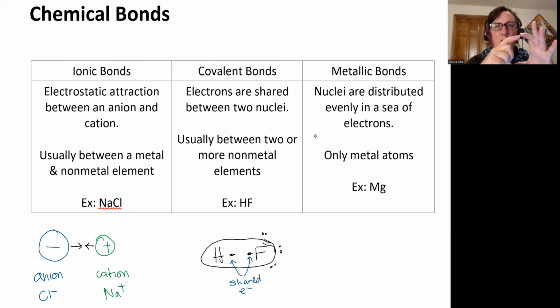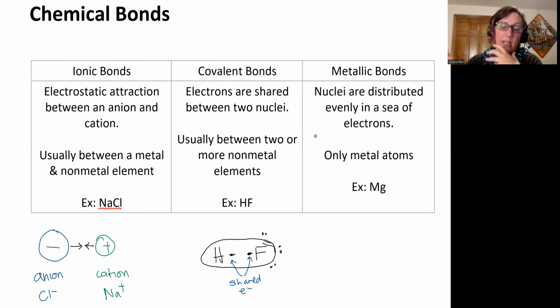And so the electrons become like a sea of electrons that are distributed amongst the space occupied by the nuclei that are being distributed apart from one another. It's often thought of as a sea of electrons.